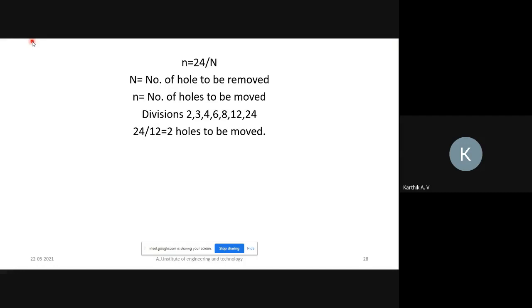For each 6 holes you can make a division, so you get 4 equal divisions in the workpiece. Capital N is how many divisions are required, and small n is the number of holes to be moved in the index plate. That is the direct indexing mechanism.